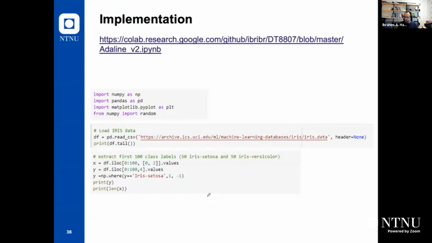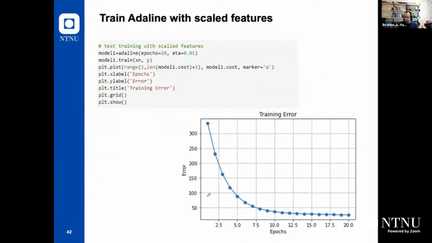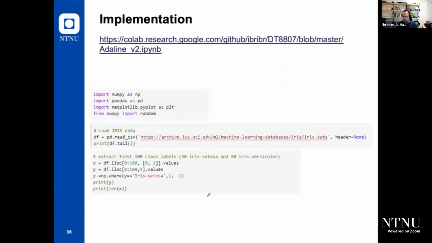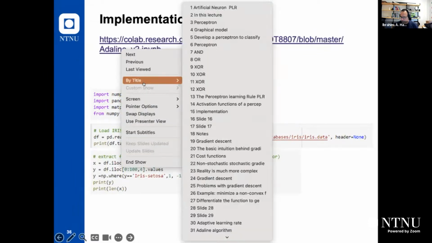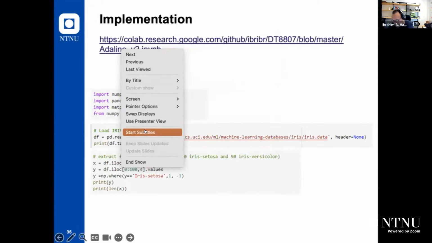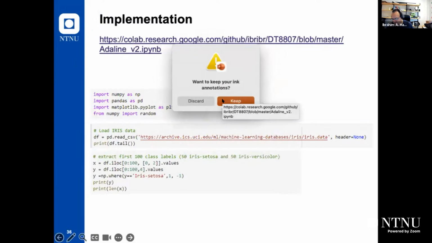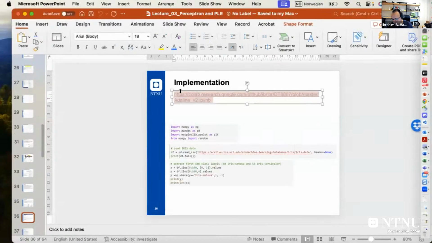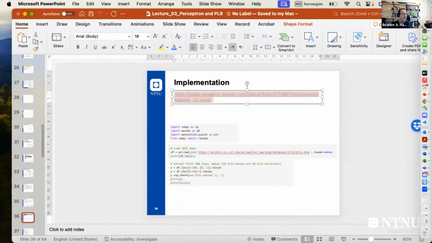So let us do some implementations. I want you to work with those examples. I will share the link with you, and it is also in the slides.